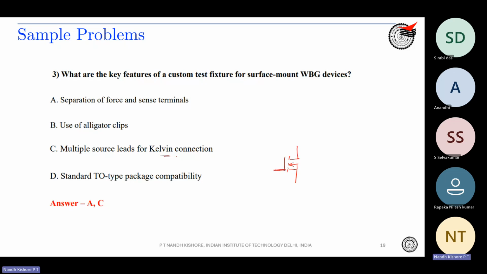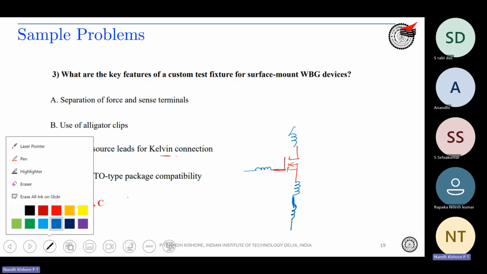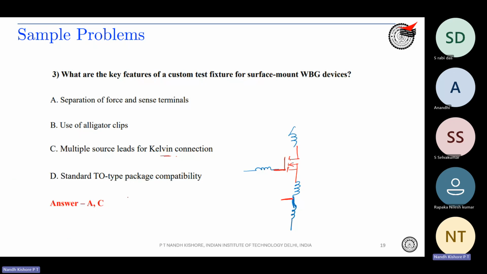what you see over here, this is the symbol for a MOSFET, but physically, if you try to understand it, you will see that there will be a lot of parasitic inductances. Correct? So within the device package, what manufacturers try to do is they try to take a shorter tapping from here itself. So this is what is known as the Kelvin source.